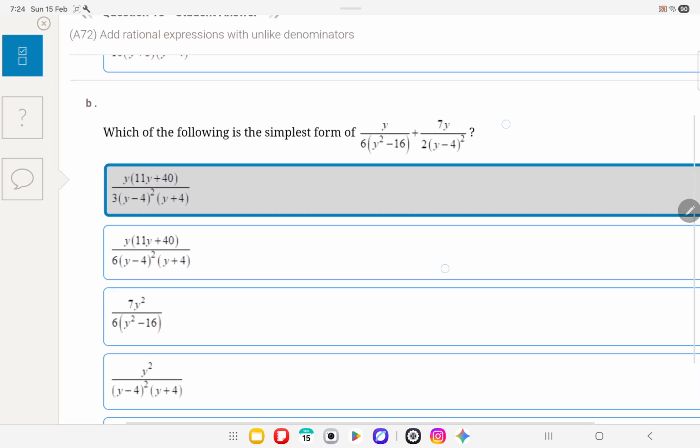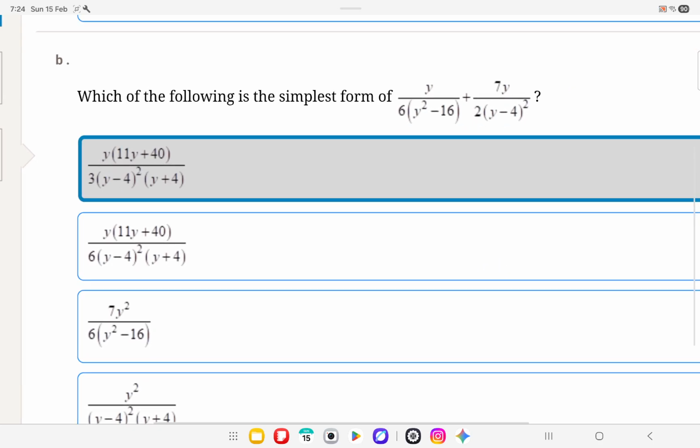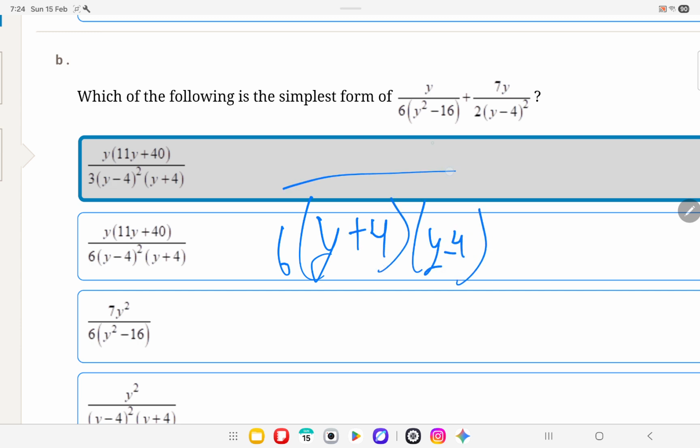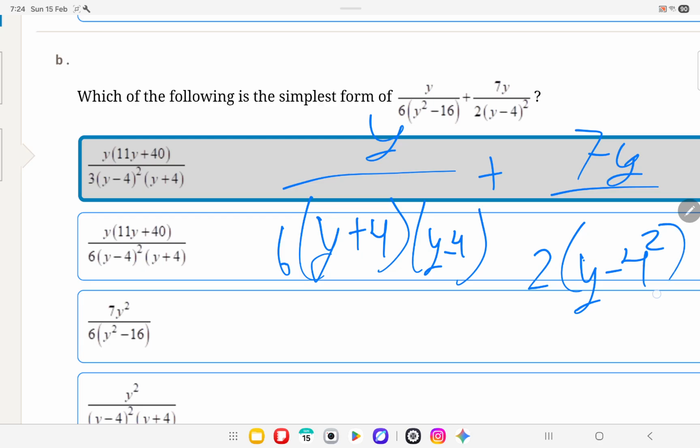This is the same thing. Here, let's simplify the denominator. It's 6. Y squared minus 16 is y plus 4, y minus 4 over y, plus 7y over 2 times y minus 4 squared.